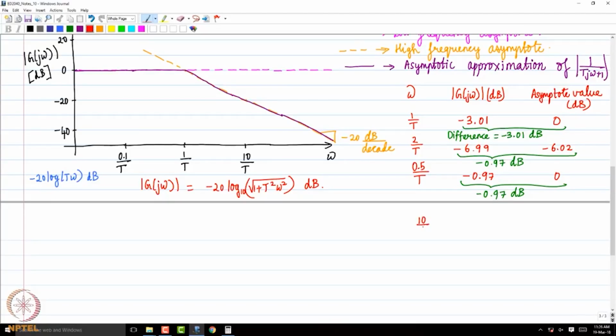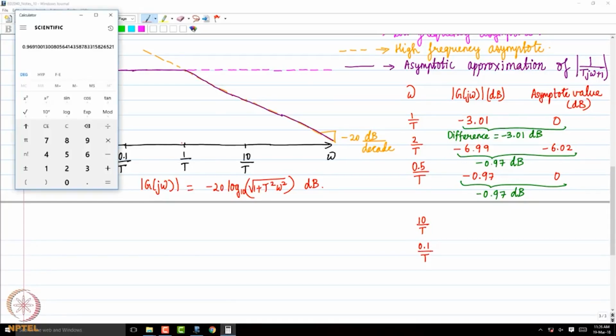So now you can complete the same exercise. Let's say you do 10 by T and 0.1 by T. So what are you going to get at 10 by T as the actual value? You plug in here, so you are going to get T omega to be 10. So T squared omega squared will be 100. So you take the square root of 101, take the log and then multiply it by 20.